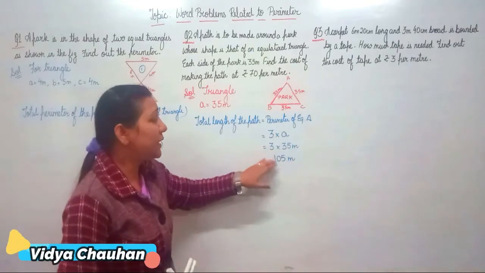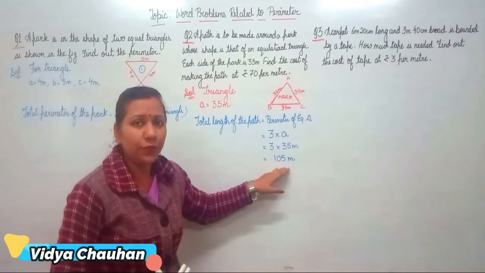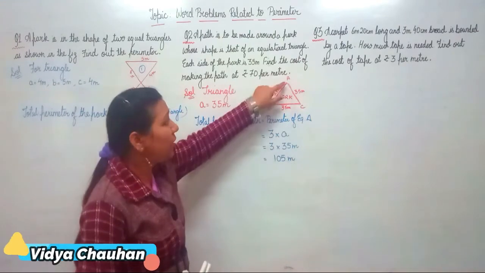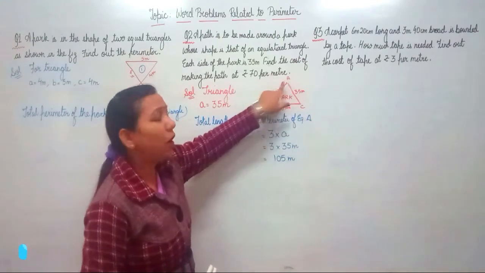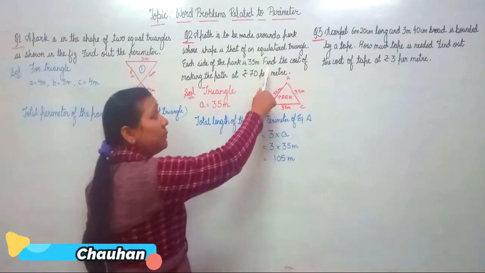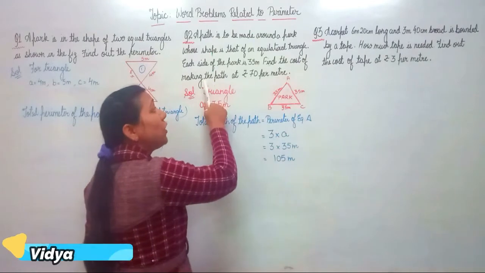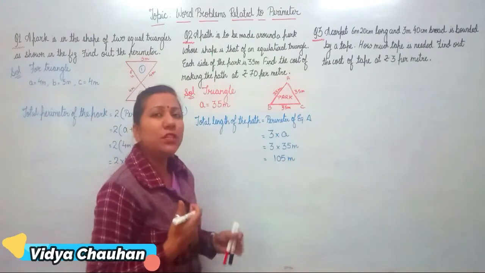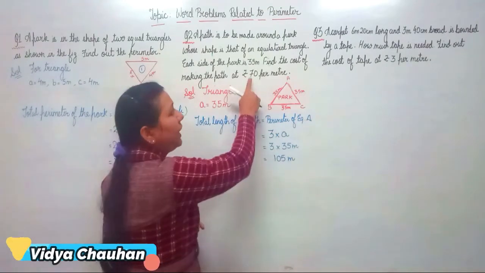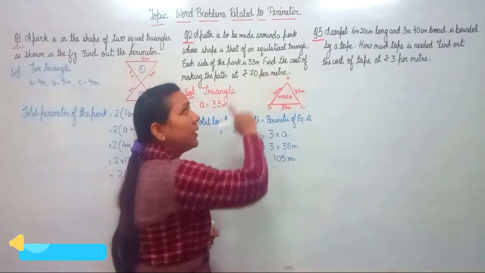Correct? 35 3s are 105. So this is the total length of the path which we are going to make all around the triangular park. But at the same time you also have to find its cost, that means how much it will cost to prepare the path if the rate is rupees 70 per meter.